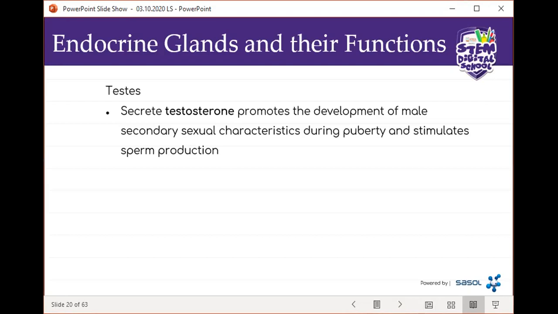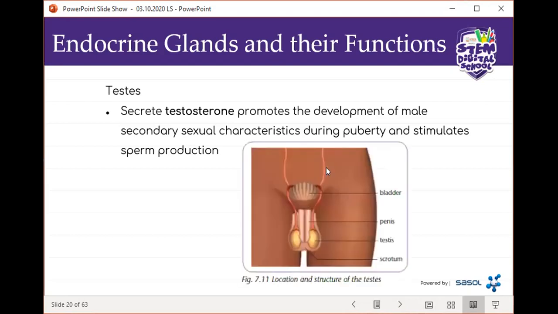Okay, then another function of testosterone is that it stimulates sperm production. Right? And testes are located right there in the scrotum. Right, so we have our scrotum there, and then the testes are inside the scrotum. Then there is a penis, and the bladder is located right there.